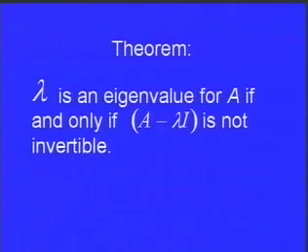A minus lambda I, that's the matrix A minus the constant times the identity matrix that corresponds. You want to use the same size identity matrix as A. So A minus lambda I is just a matrix. And what we're saying is that lambda is an eigenvalue if that matrix is not invertible.